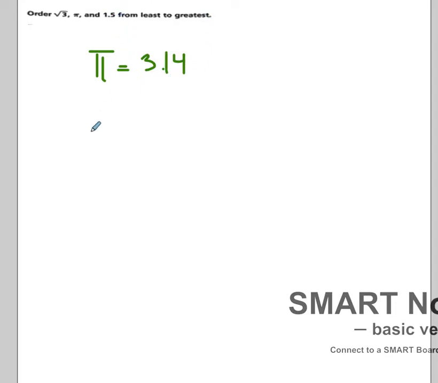And then we already have 1.5. So right now we know that 1.5, we just don't know where the square root of 3 is. So we could have space anywhere.